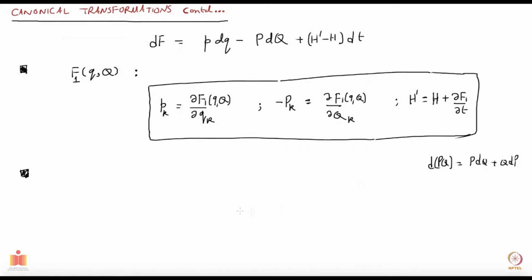If you do so, then our expression can be written with p dq equal to d of pq minus q dp. So now I will have a dp instead of a dq as was the case before, and then of course this term.